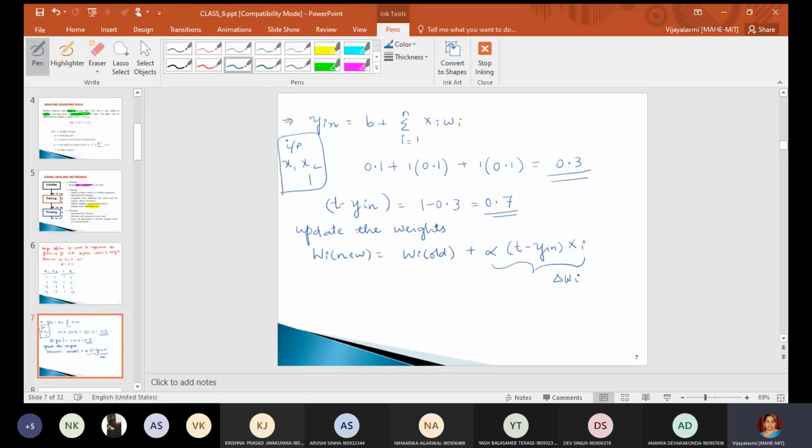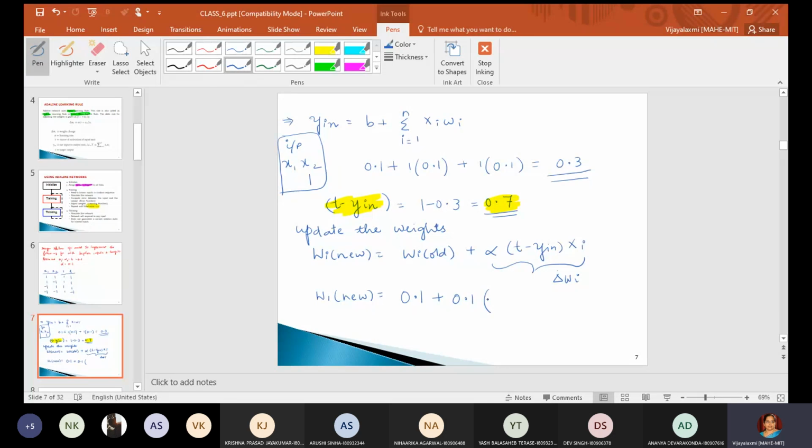Now let us calculate. W1 new is equal to W1 old, i is 1 here. W1 old is 0.1, whatever we are asked to assume. Learning rate is also 0.1. And t minus y in, we have calculated, is equal to 0.7.